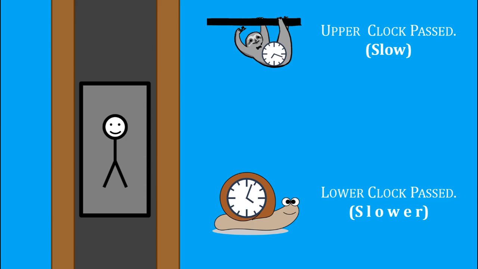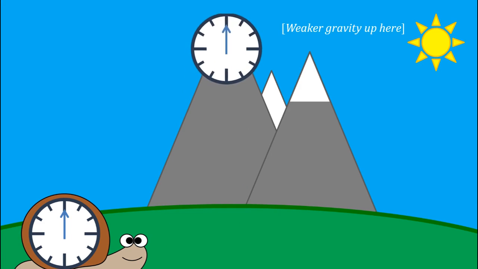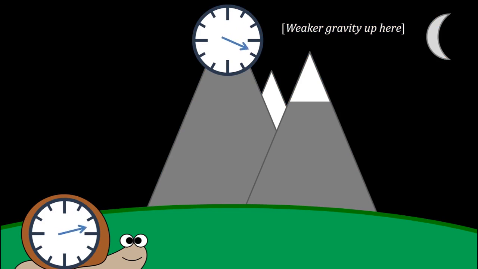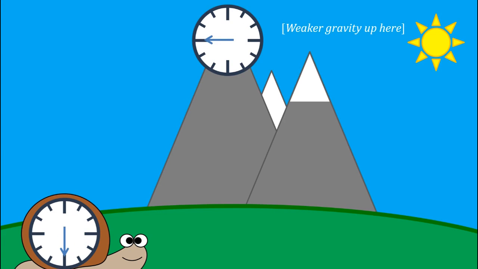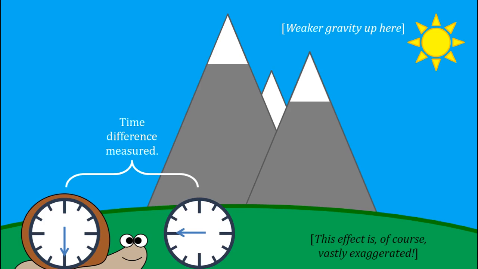We can use the equivalence principle to show that this means that time will run slower lower down in the gravitational field. This is gravitational time dilation, an effect demonstrated when atomic clocks transported to the top of mountains were found to run faster than those kept at sea level.